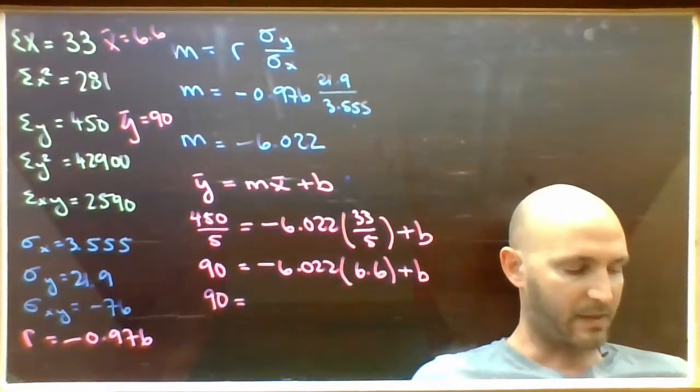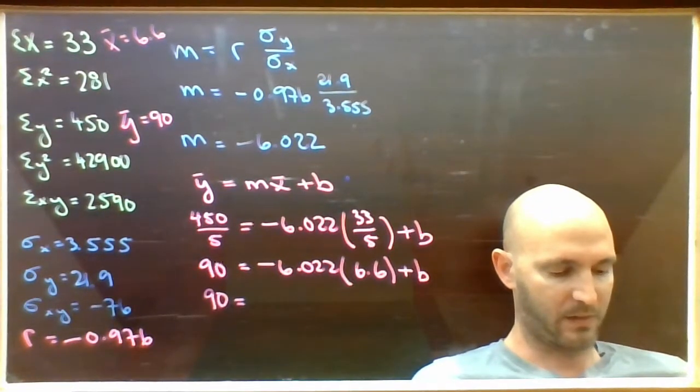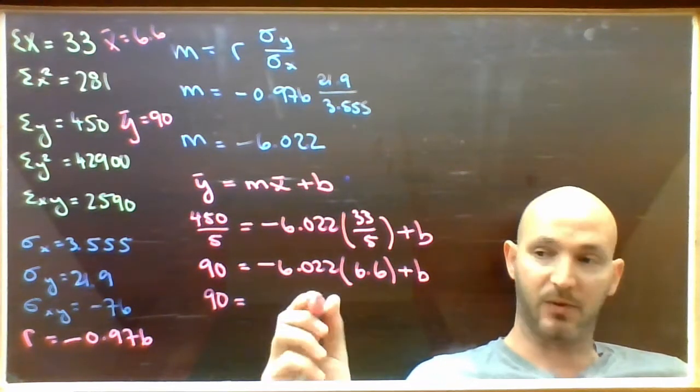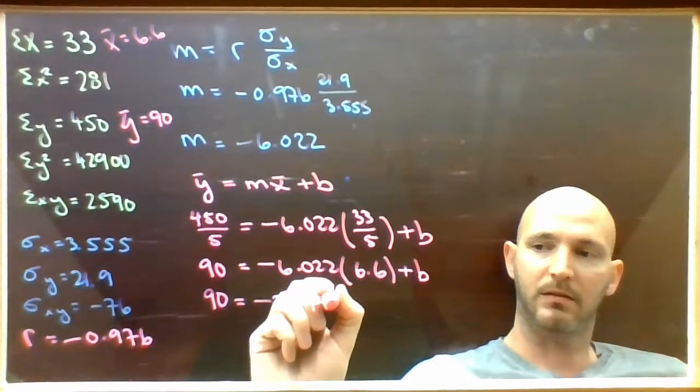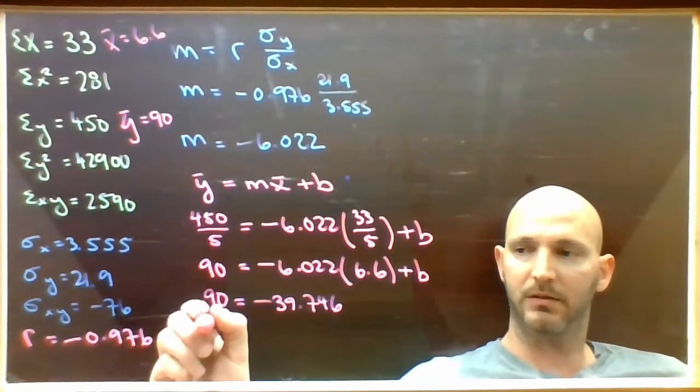Then 6.6 times 6.022 is 39.746. Pop that over.